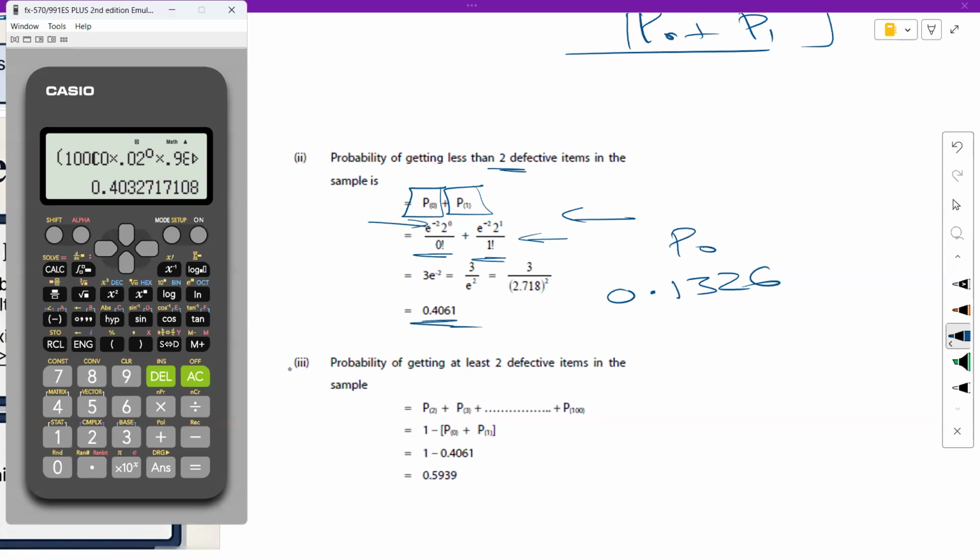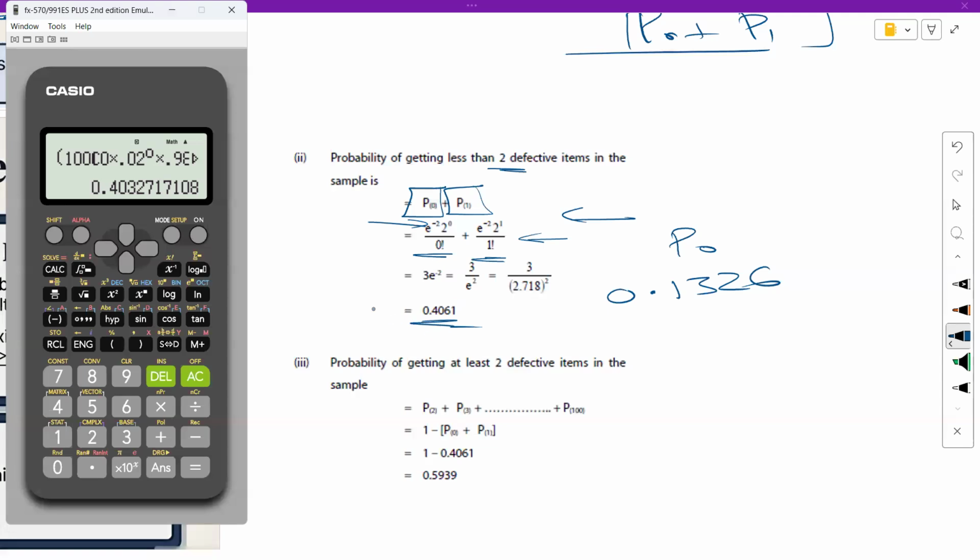And now the probability of getting at least two defective items. Here we have to consider at least two, meaning 2, 3, 4, 5, 6, 7, 8 to infinity. We already know the probability of getting less than 2.